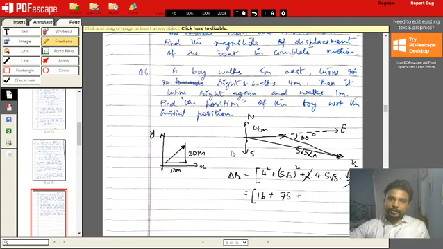So 5 times 4 times 3 is 60. So this would come out to be 151 to the power half meters.